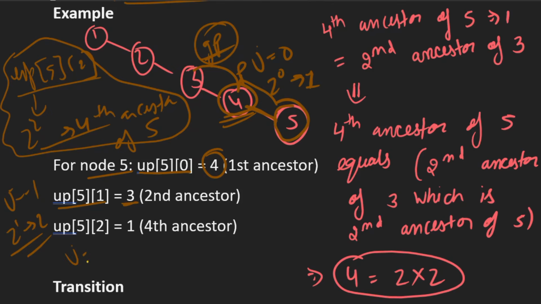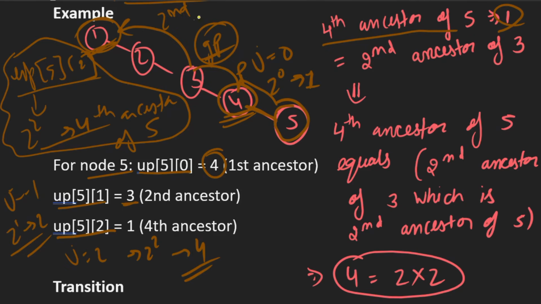Now if you have j is equal to 2, then 2 to the power 2 means 4. We want the fourth ancestor. So fourth ancestor of 5 is 1, 2, 3, 4. So 1 is the fourth ancestor of 5. If we see one thing, fourth ancestor of 5 is 1, which is the second ancestor of 3, and 3 is the second ancestor of 5.